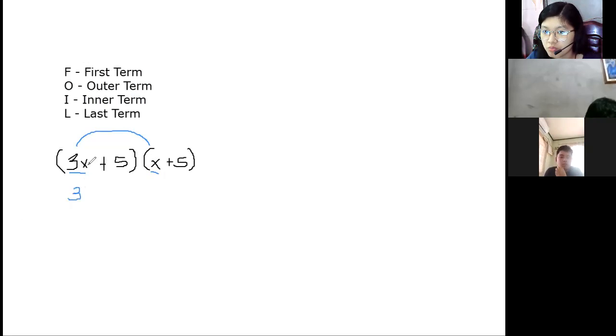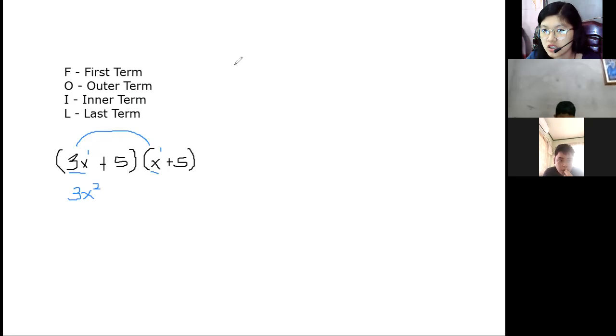And yung x, x times x, di ba kapag pareho sila ng base, ang gagawin mo sa exponent is addition. So, kapag walang exponent, ano ang equivalent? Meron tayong ilang exponent? 1. So, a-add natin yung 1 and 1. So, that is 2. So, 3x times x, that is 3x squared.